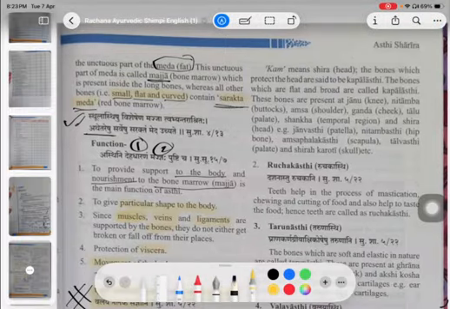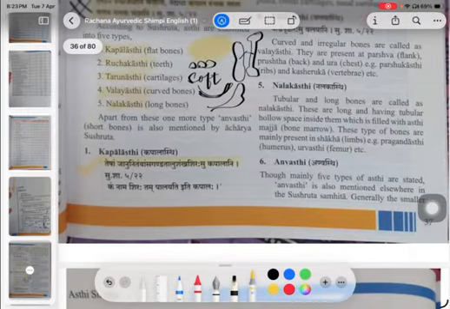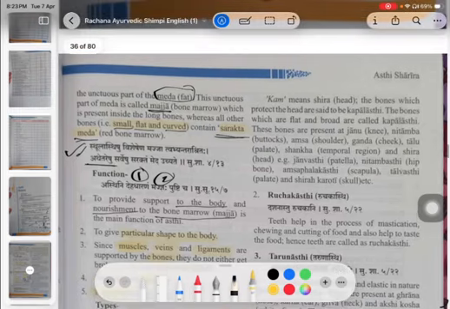We can also read the other shloka. Kam nam shira tam palayati iti kapalam. So almost all the skull bones come under Kapalasthi because they are mostly flat bones. If you study them in parts, like we have squamous part of temporal bone, frontal is also a flat bone, then occipital, with some differences. So we can understand it by this.